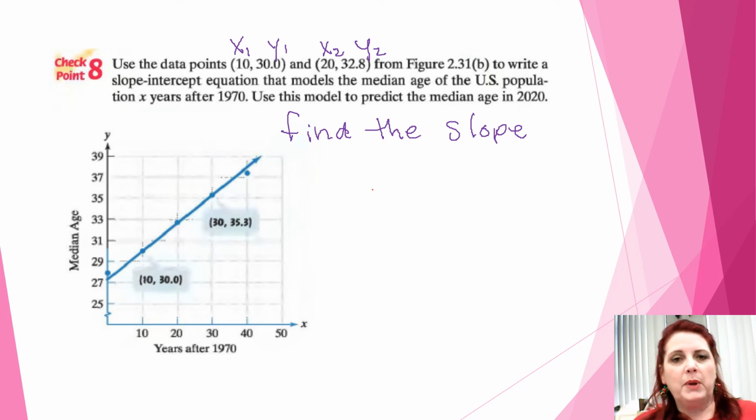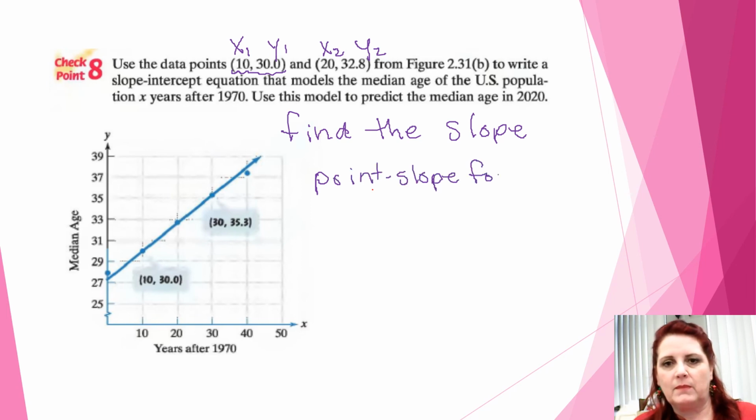And then you're going to pick one of these points. I would suggest this one because 30 is easier to work with than 32.8. And use the point-slope form. And then you're going to do the work and put it into the slope-intercept form, which is y equals mx plus b.